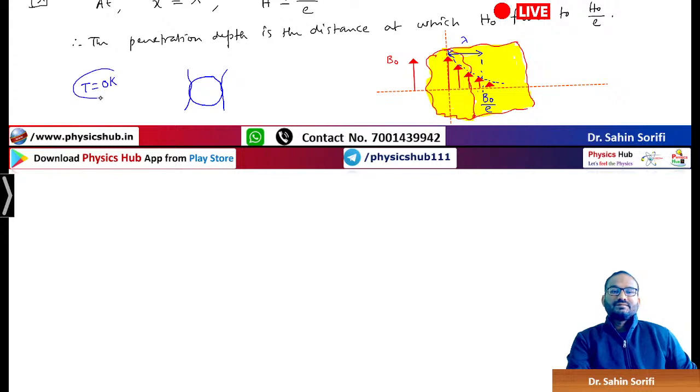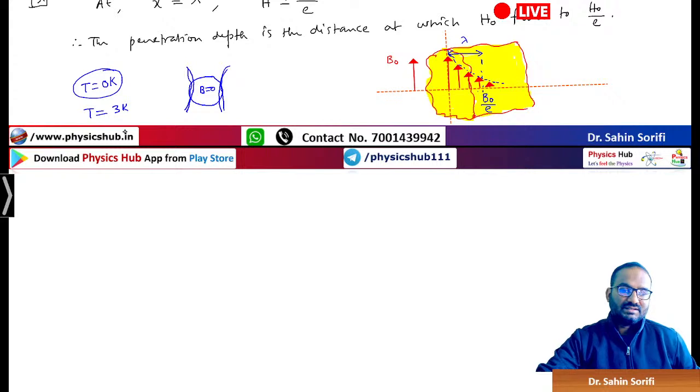Obviously, if you take it to 0 Kelvin, then this will be reduced. If T equals 3 Kelvin, a little more field lines may enter, but B is equal to 0 inside. You can understand it in this way.